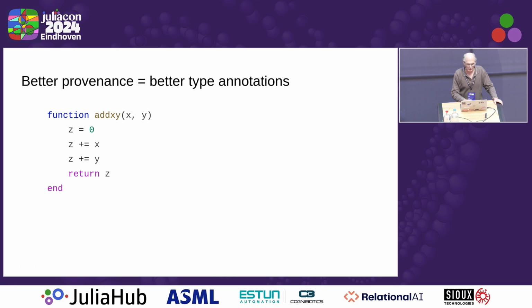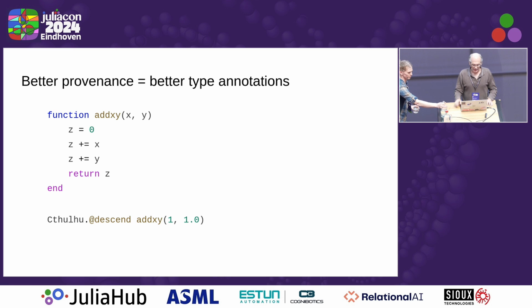I'll do it on this little demonstration right here. All this is doing is taking 2 input arguments, and it's initializing an accumulator, and then it's adding them one by one. And I'm breaking it out in these different lines to illustrate a few points. And then there's this absolutely lovely package, Cthulhu, and if you descend on it, in this case, note that the x argument is going to receive an int, and the y is going to receive a Float64.